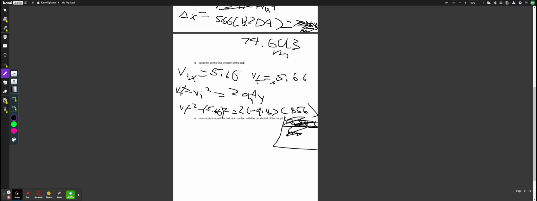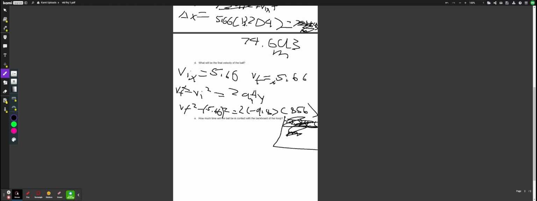Now we have to combine the x direction and the y direction, and we know how to do that using the Pythagorean theorem. So a squared plus b squared is equal to c squared. Say a squared is our x, 5.66 squared, plus b squared, which will be our vfy, negative 22.88.